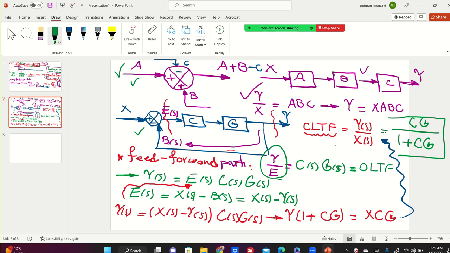It's CG for unity feedback. Understood? Yes? Can I go to the next page?